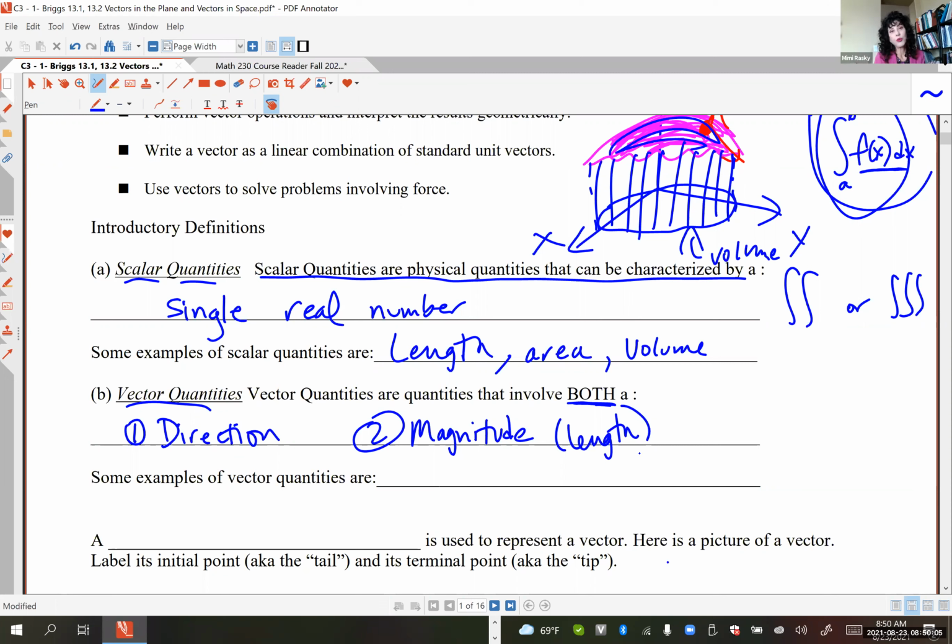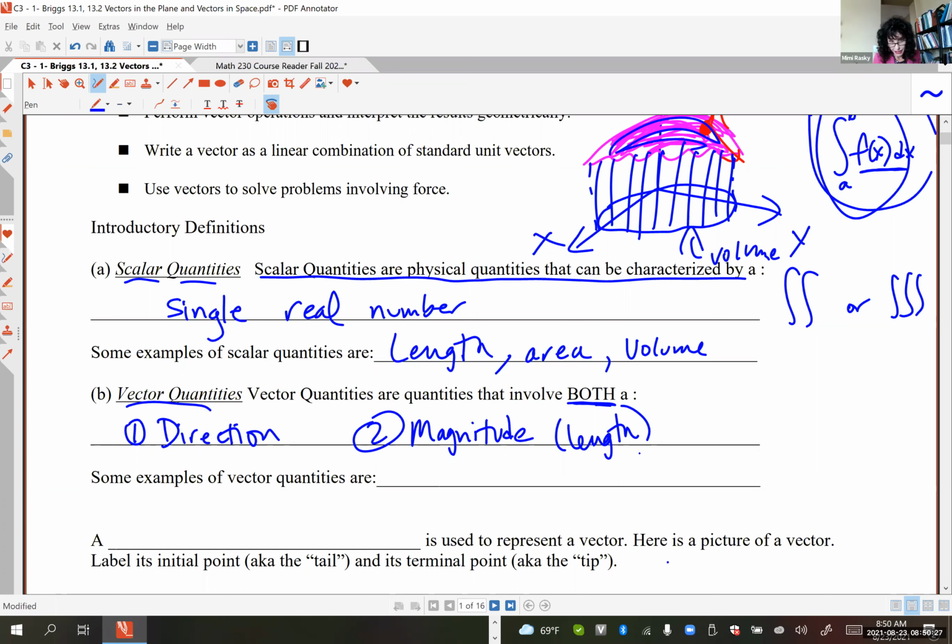Now, in this course, we're going to limit ourselves to 3 dimensions. On occasion, I might talk about 4 dimensions. But if you're taking linear algebra, that's a fun course. They work in any dimension. Yeah, cool. Okay, what are some examples of vectors?